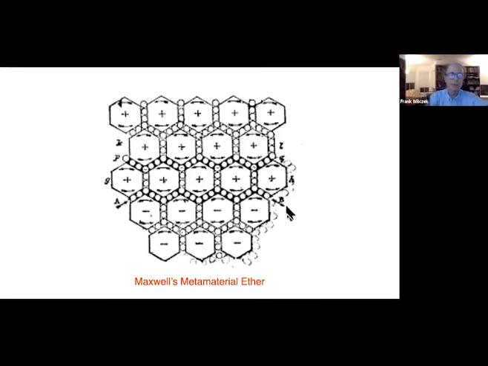I won't go into the details of his model, but it was a way of getting a substance that was made in terms of mechanical elements that behaved, insofar as the way it supported flows of energy and momentum, in the same way as electric and magnetic fields.